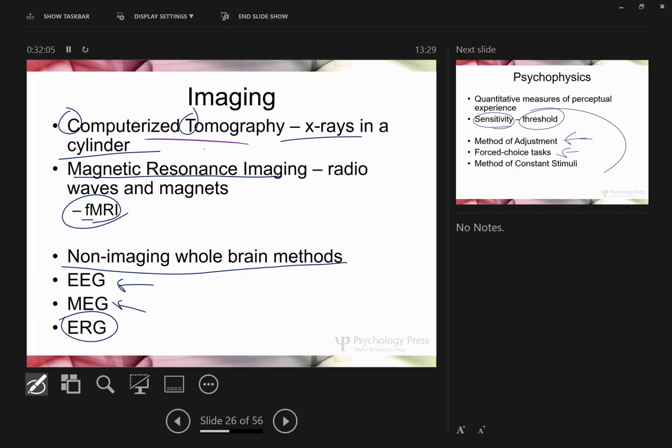It's just a way to measure the electrical activity of what's going on in the outer part of your brain. You can also do this with big magnets. For those of you that are really into physics, you know electrical fields create magnetic fields and vice versa. So instead of measuring electrical signals, you could potentially measure magnetic fields as well, and the way those change, you get some idea about that too. Okay, so that's exciting.